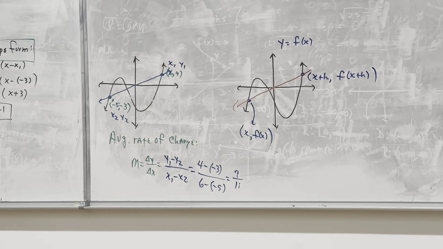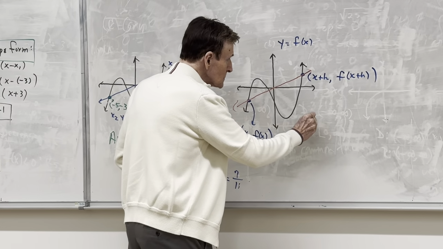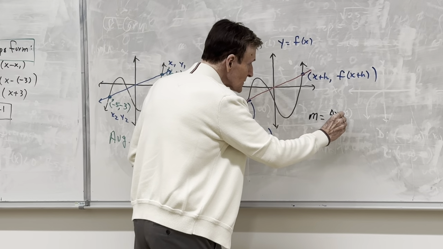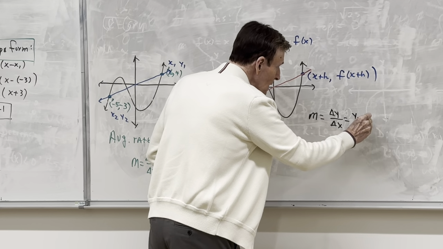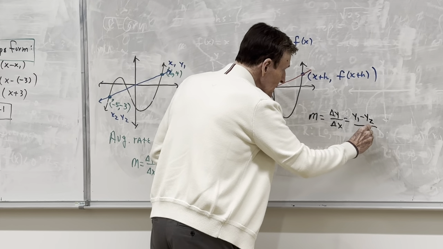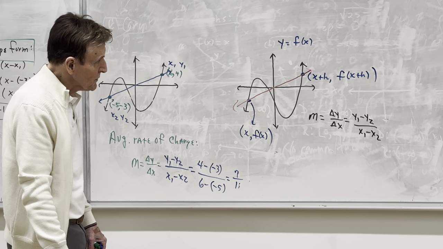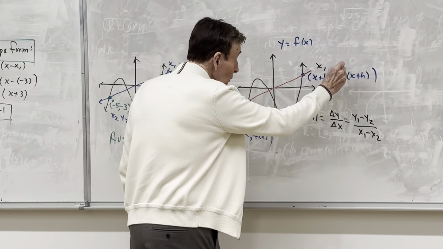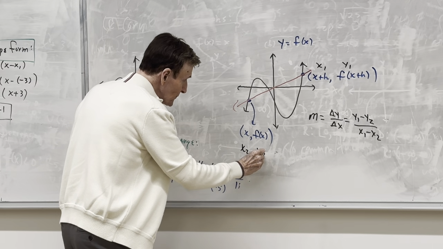Now, I'd like to express the slope of that straight line using the standard slope formula: delta y over delta x, y1 subtract y2 over x1 subtract x2. I'm going to use that version. I'm going to let this one be my x1, y1 point, and this one represent x2, y2.